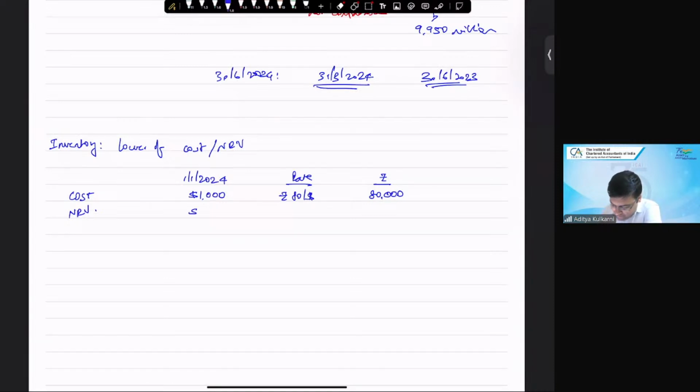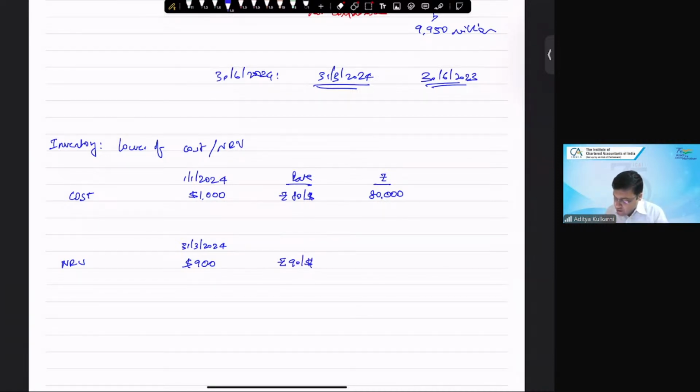NRV on the reporting date is $900. And on this date, your exchange rate, hypothetically, rises to 90 per dollar.